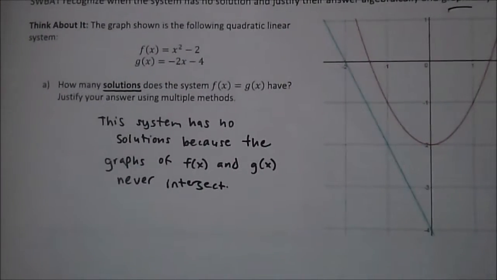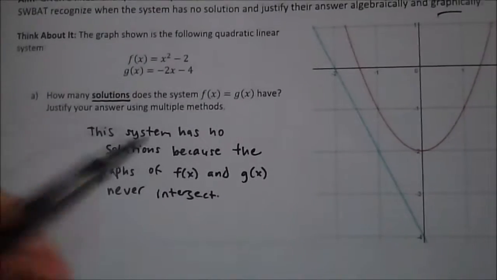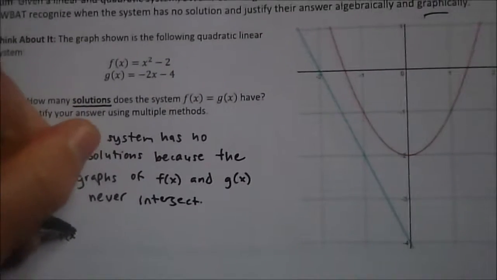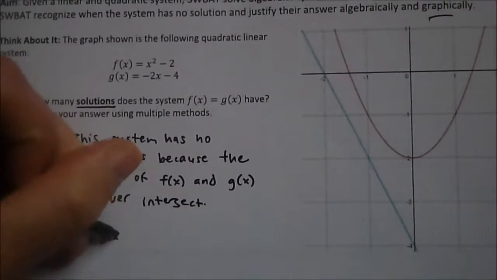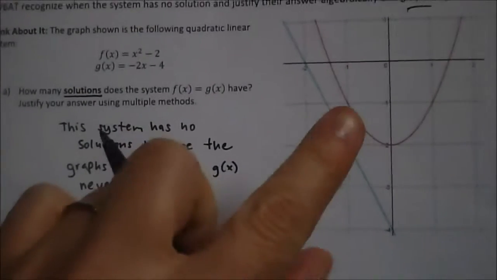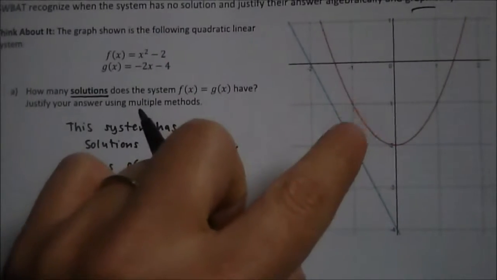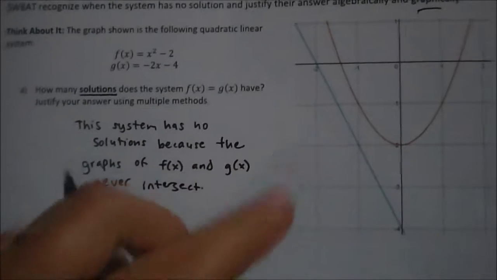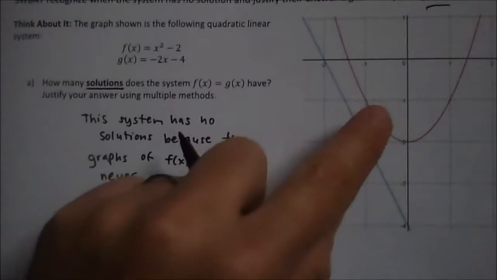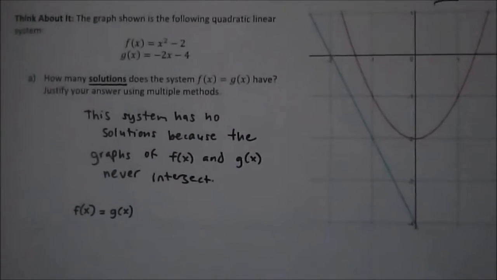So I want to determine whether the solution f of x equals g of x has any solutions. If it's going to have solutions, that means there will be places on the graph where the line and the parabola intersect. In other words, we are going to be having real solutions if these two graphs intersect one another.